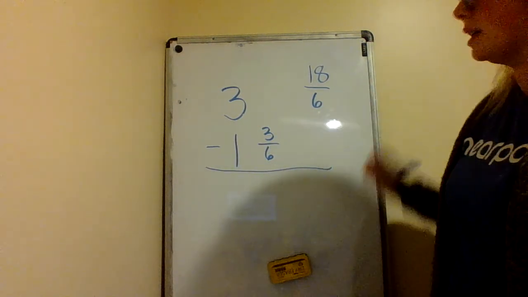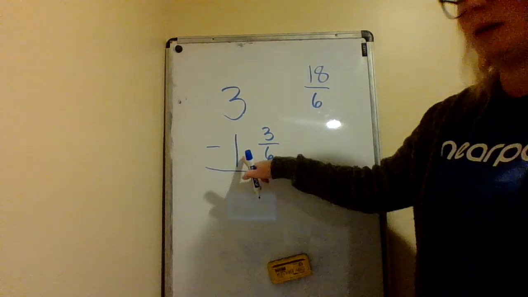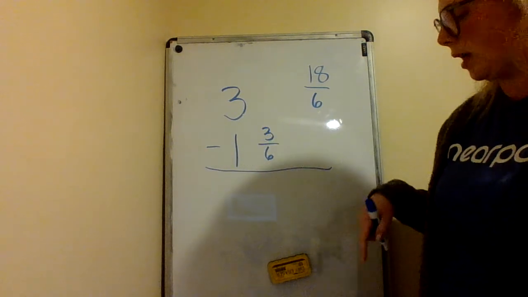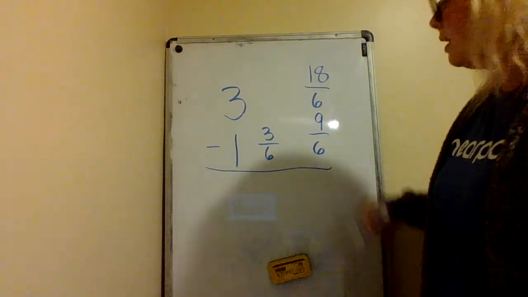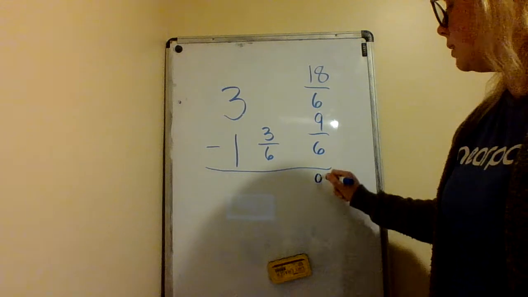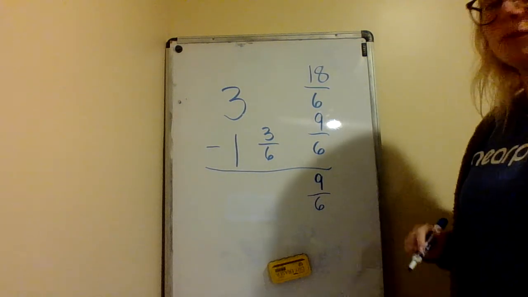So we have 18/6, and then for this one, we do the same thing how we normally would. We would do 6 times 1, which is 6, and then add 3. So that would get you 9/6. And then from there, we just subtract 18/6 minus 9/6. We get 9/6. And this is a fraction greater than 1.